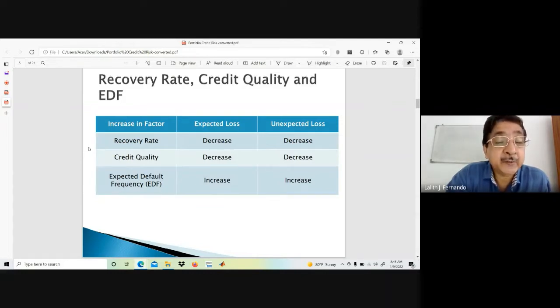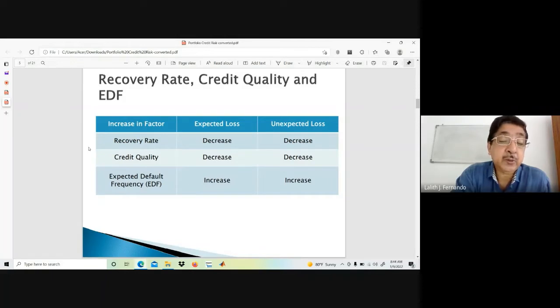Then if you take the other one, expected default frequency, that is a proxy for PD, and when it increases, what will happen? The expected loss will increase, unexpected loss also will increase, but when you compare these two, unexpected loss will have a very exponential increase. This is the most important factor you need to note.